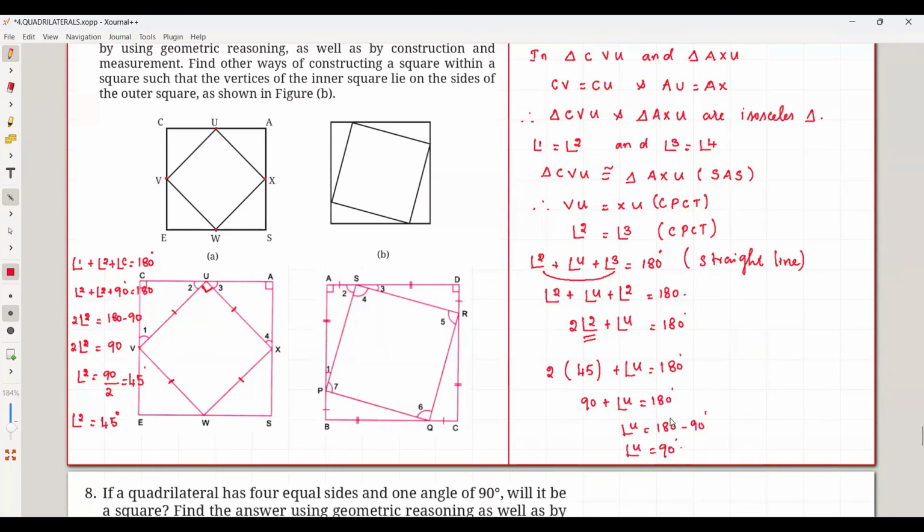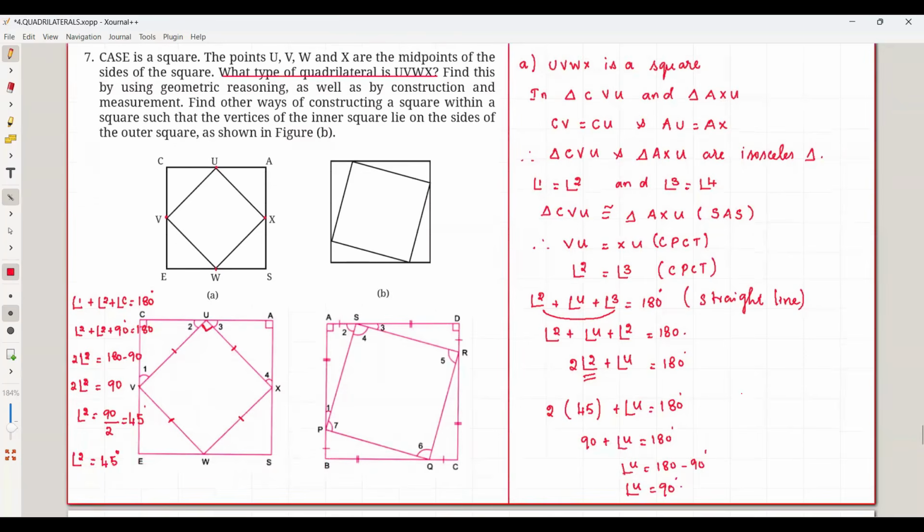So we have proven the corresponding sides are equal and one of the angles is 90 degree. Therefore, according to the property of square, all the sides will be equal and all the angles will be equal. Therefore, I can say that UVWX is a square.